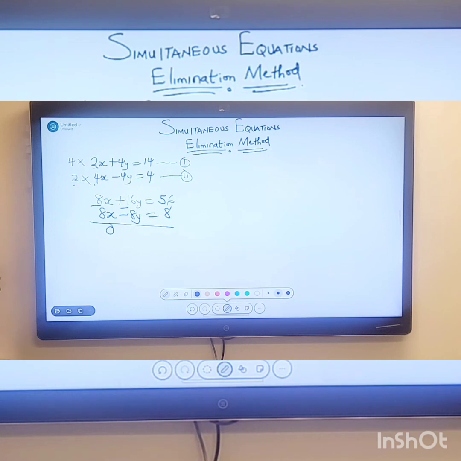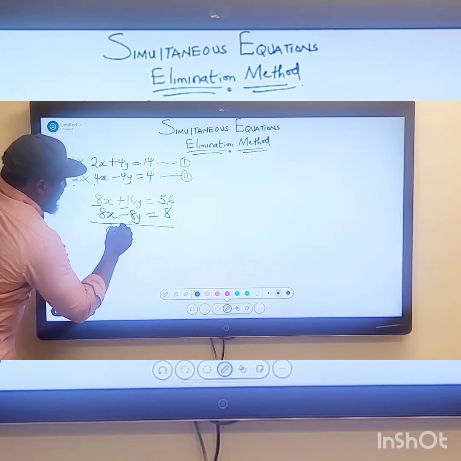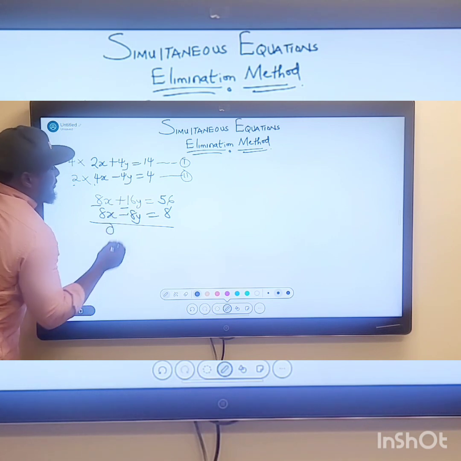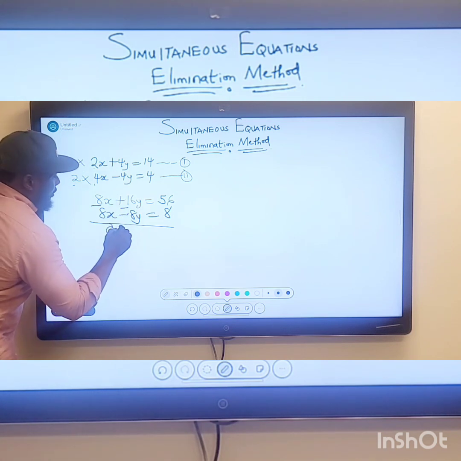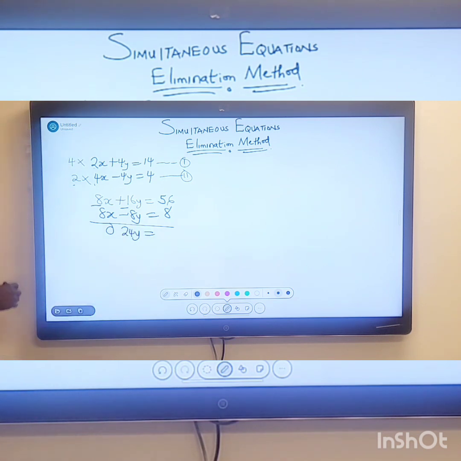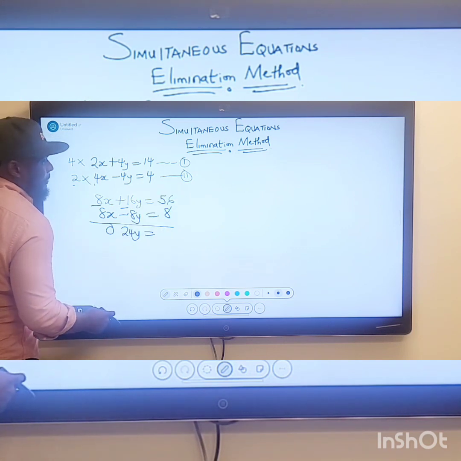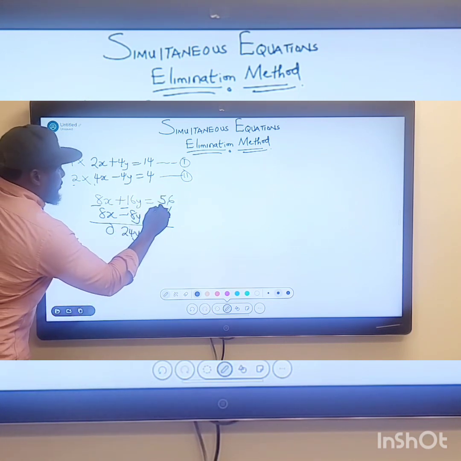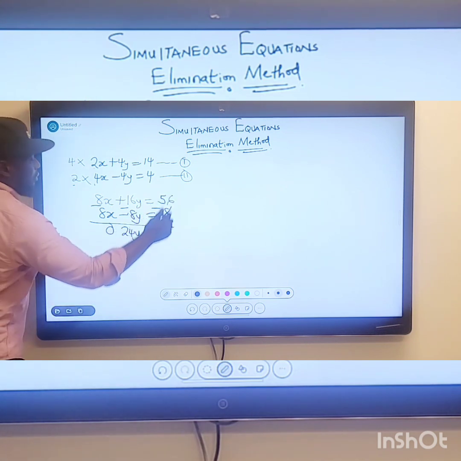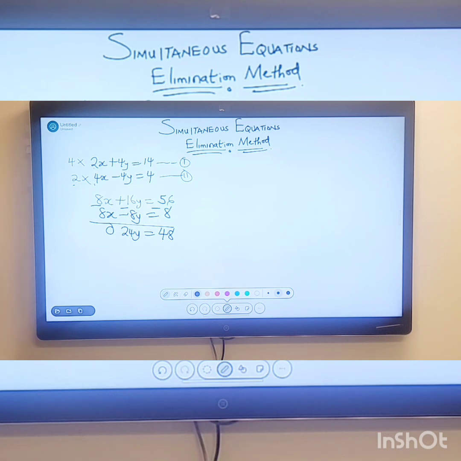So remember, what would that give us? Negative times negative will give us positive. When you add that together, you have 24y. And for this, if you add this together, you have 48.